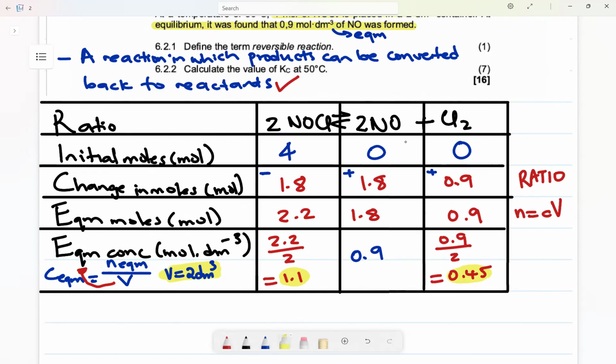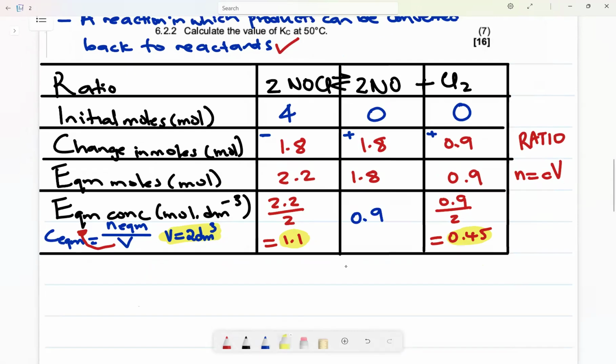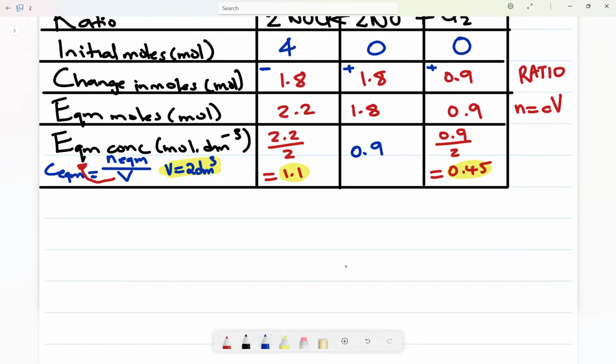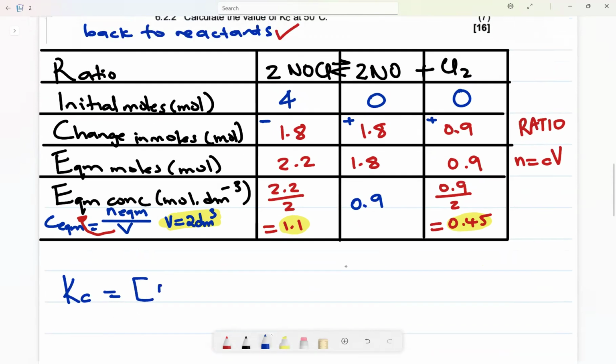Now if I have these here, I can calculate my Kc. It's going to be the concentration of my products. What are my products? My products are NO, but can you see NO has a 2? I put that as an exponent. Therefore, I have Cl2, then I leave it like that.